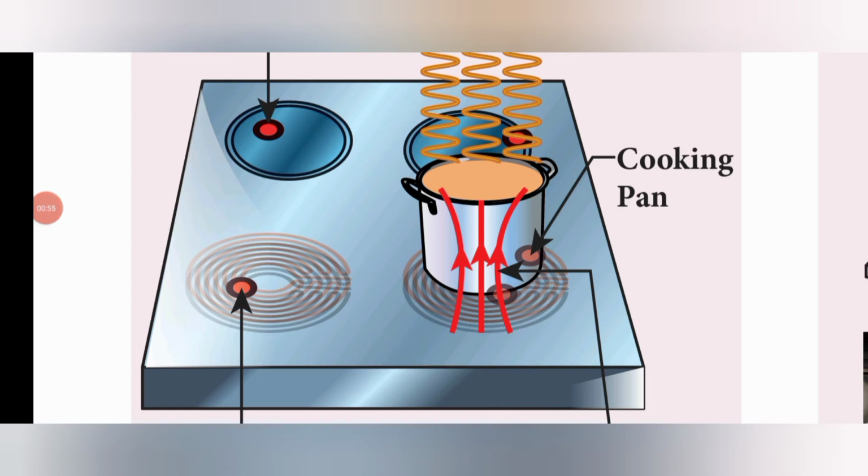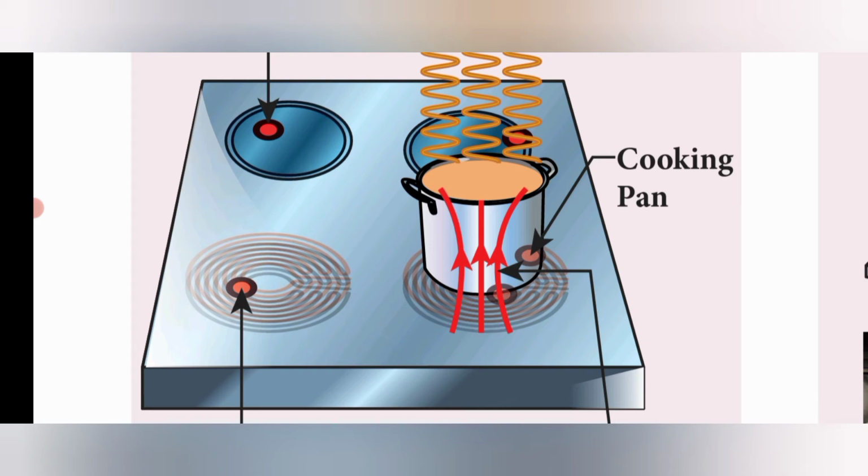So this is the diagram of an induction stove. You know, in your home, everyone has an induction stove. It is used to cook food easily, quickly and safely. Here the cooking pan is made of a suitable material, and above it the cooking zone is given.